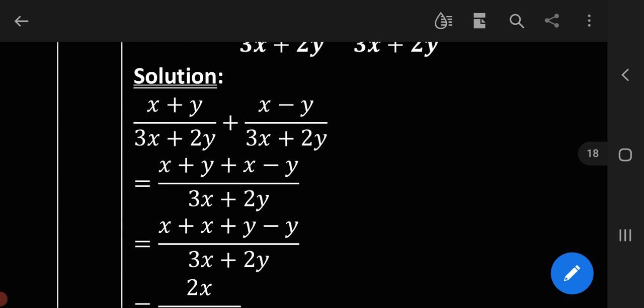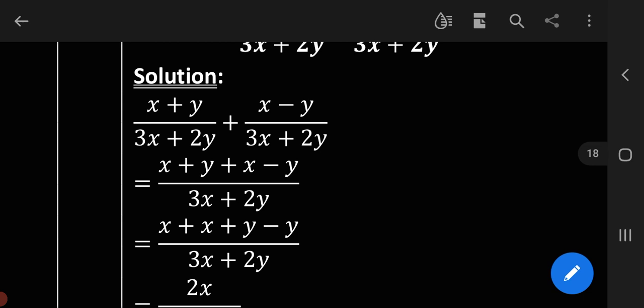As the question has been written again, now in between these two algebraic fractions we have the sign of plus. When there is a plus or minus sign, the method we have to adopt is to take the LCM of the denominators.